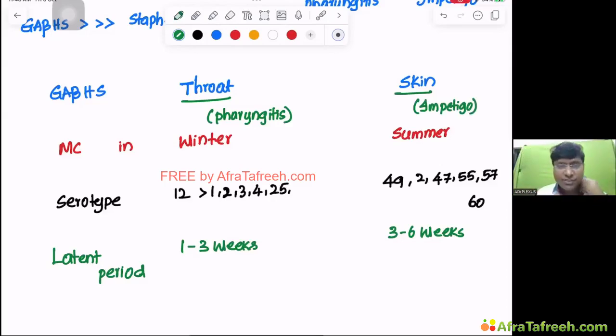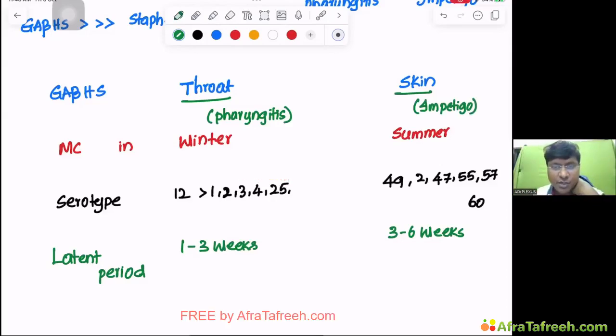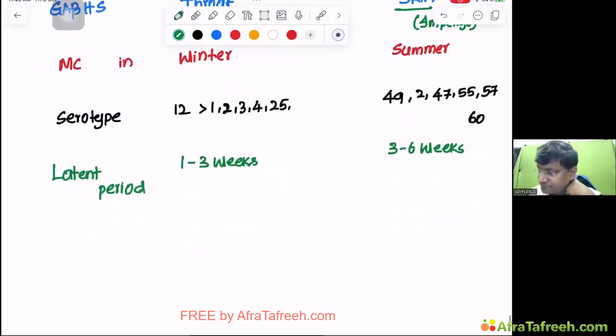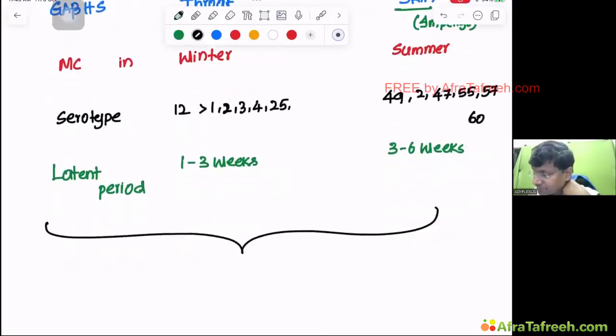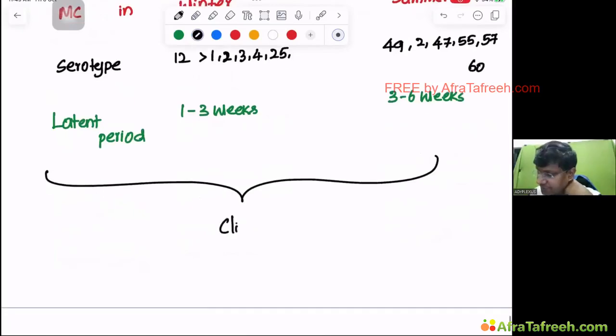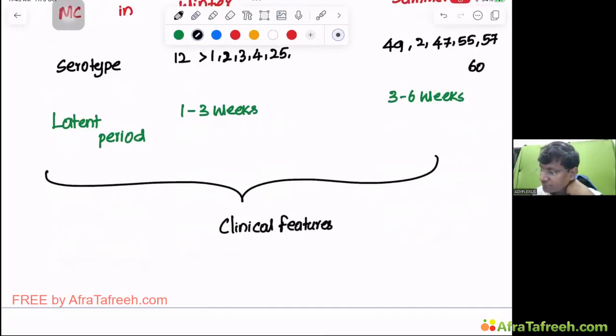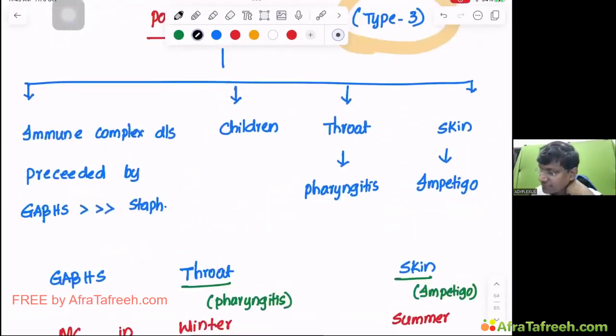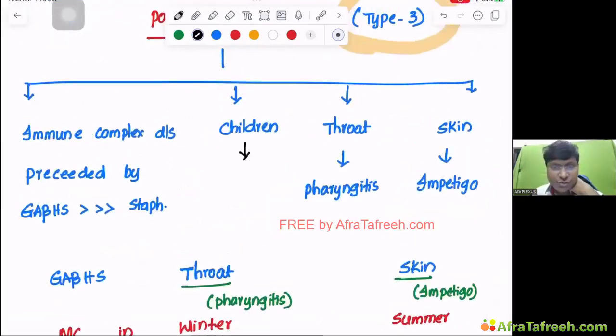Now, following this group A beta hemolytic streptococcal throat or skin infection, what will be the presentation in these patients? What will be the clinical features in them? Right, first of all, what did I tell you? That this is the one most commonly seen in children. What is the age group?